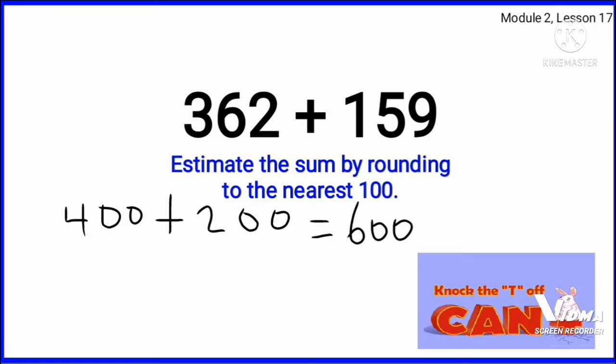Let us round the numbers to the nearest 100. 362, between 300 and 400, 362 is nearer to 400, so we can round it off to 400. 159, between 100 and 200, the midway is 150, so 159 is closer to 200, so we'll round it off to 200. So we can now add 400 plus 200 equals 600. Very easy to add when you round off.